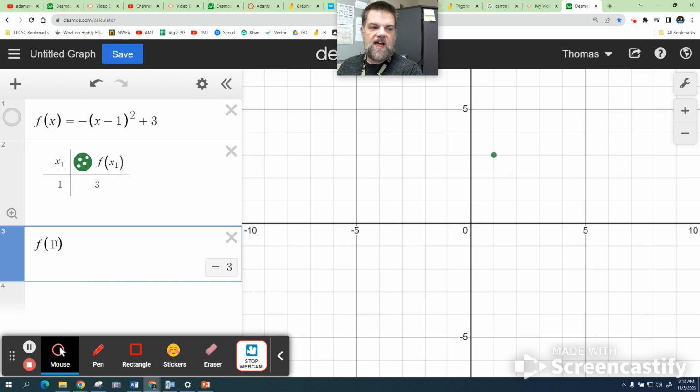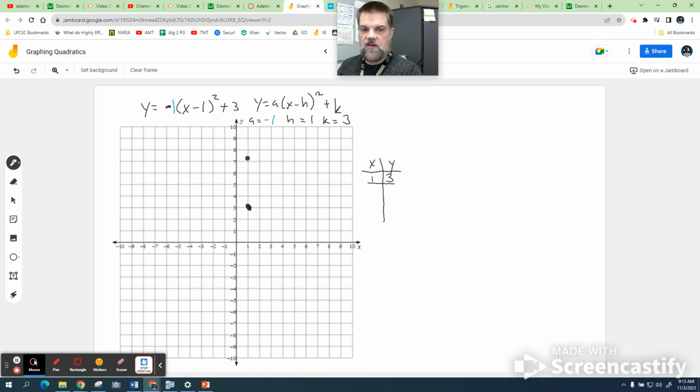This is saying when I plug in 1 for x, my y value will be 3. See how it did that? So let's write that down too over here on our graph. So over here somewhere in our graph, maybe underneath this, let's write f of 1 equals 3.